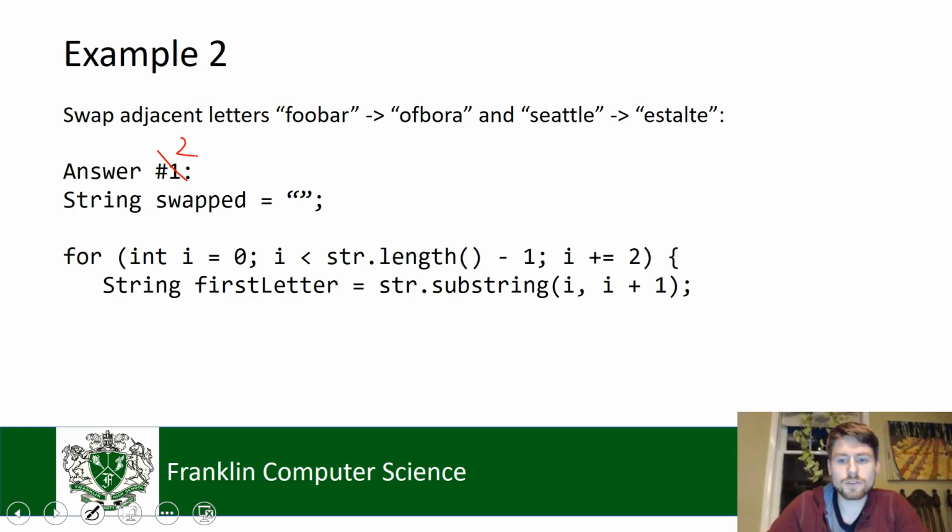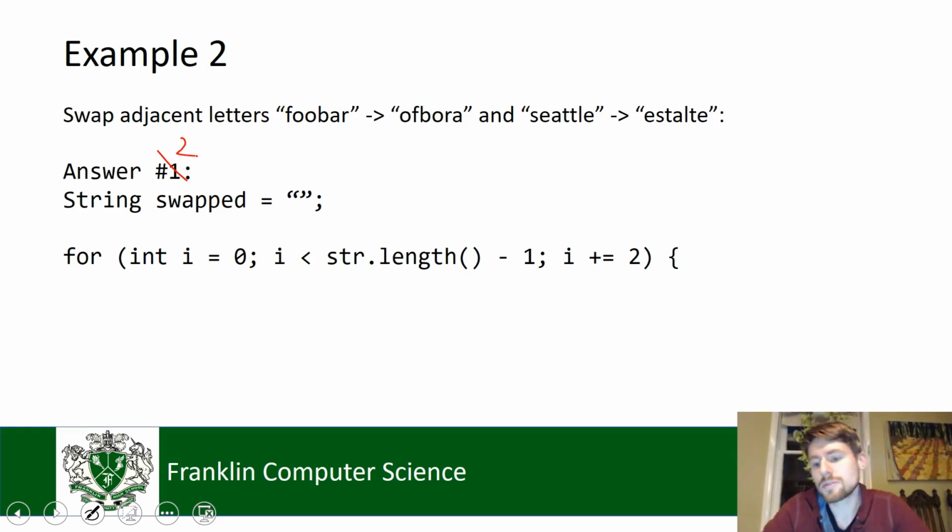Okay, so the other approach to doing this is to make our i loop counter go by 2s as opposed to going by 1s. Last time we went by 1s and then computed the index of the character we wanted.